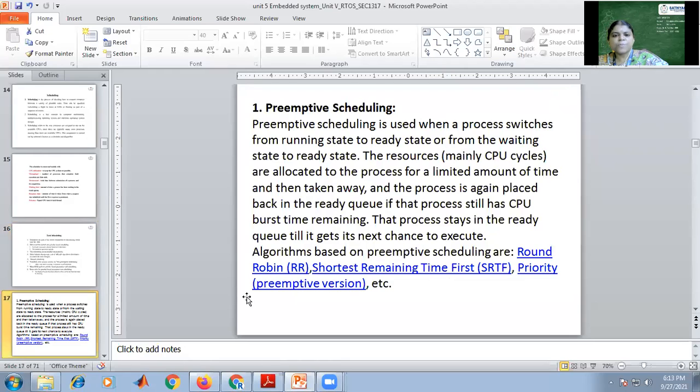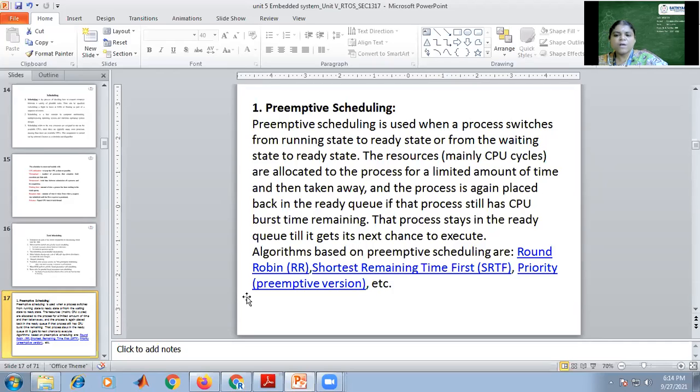the CPU. Preemptive scheduling is used when a process switches from running state to ready state, or from waiting state to ready state. It means the resources are allocated to the process for a limited amount of time and will be taken away, and the process will be placed again in the ready queue if it still requires CPU usage time.